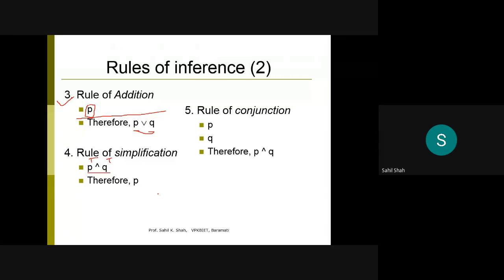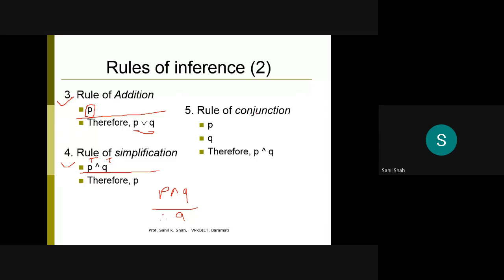I get it. This is fine. Sometimes you may write rule of simplification as: if we have been given P conjunction Q as a premise, then its conclusion could be Q as well. I know that if P conjunction Q is true, then P has to be true as well as Q. This is rule of simplification.